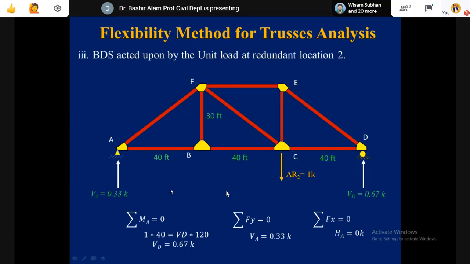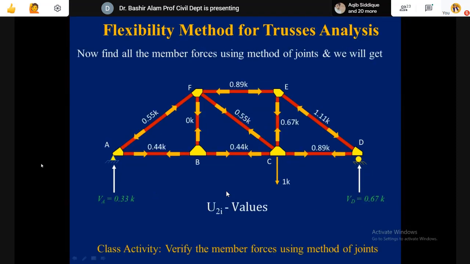So here now this is coming 0.33, this is 0.67. When these support reactions are known, after this we analyze this and find out all the member forces. So here now you can note down all the forces.